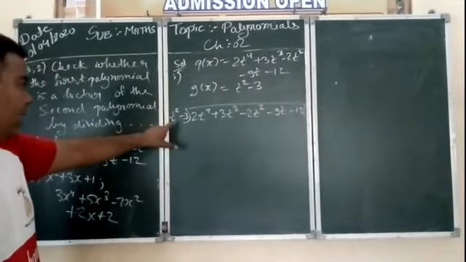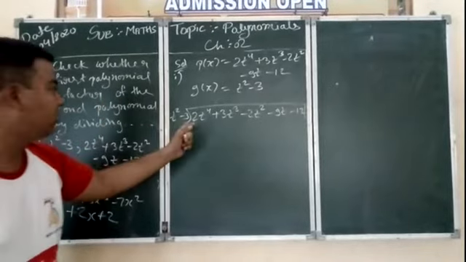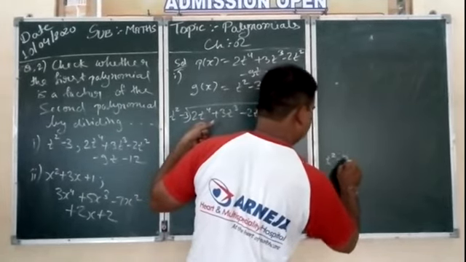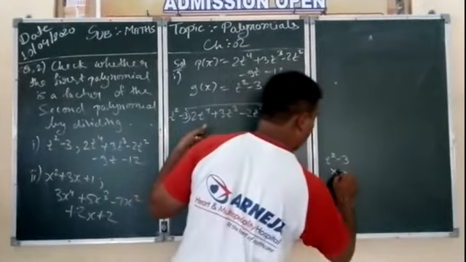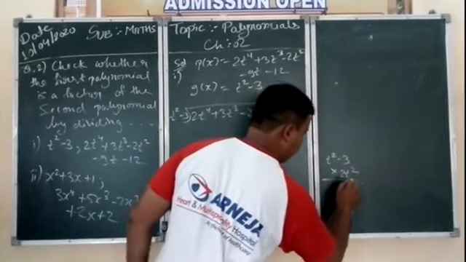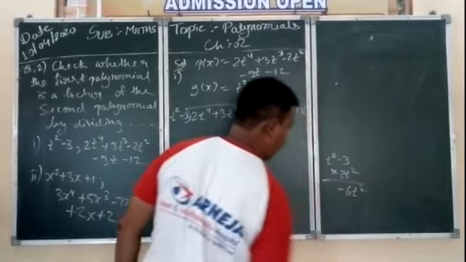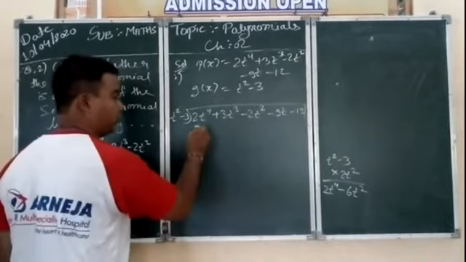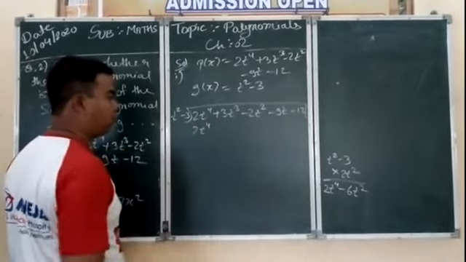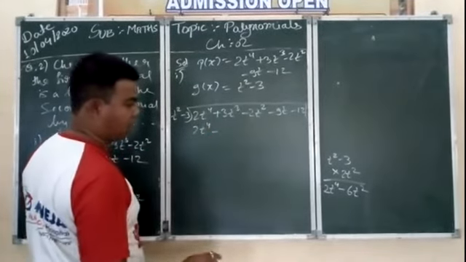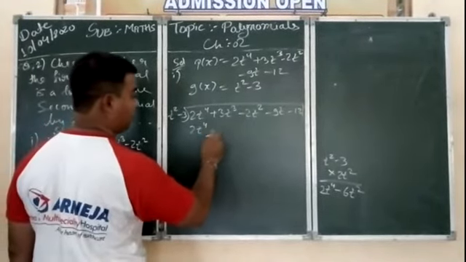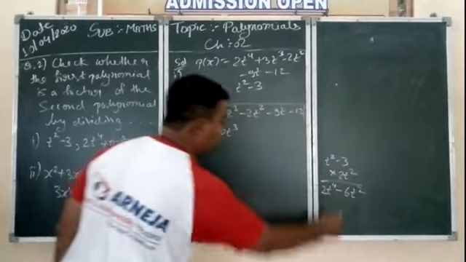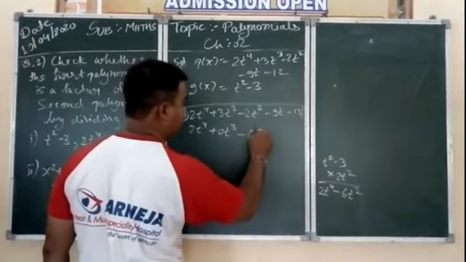So t square minus 3 is multiplied by which term to get 2t raised to the power 4? By 2t square. So 2t square times t square minus 3 gives 2t raised to the power 4 minus 6t square. Subtracting, the signs change. We got 2t raised to the power 4 plus 0t cube and minus 6t square.